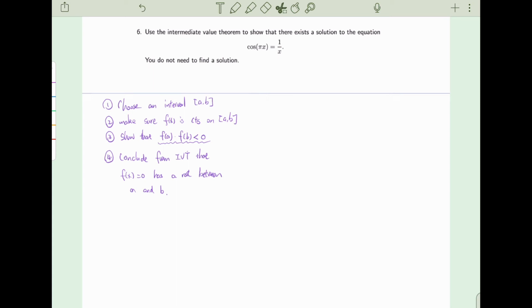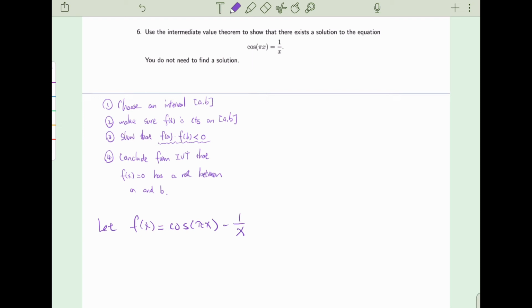So now we're gonna choose the function first, right? I'm gonna choose f of x simply just by moving the other one to the other side. So move this to the other side. That is cos of pi x minus 1 over x.